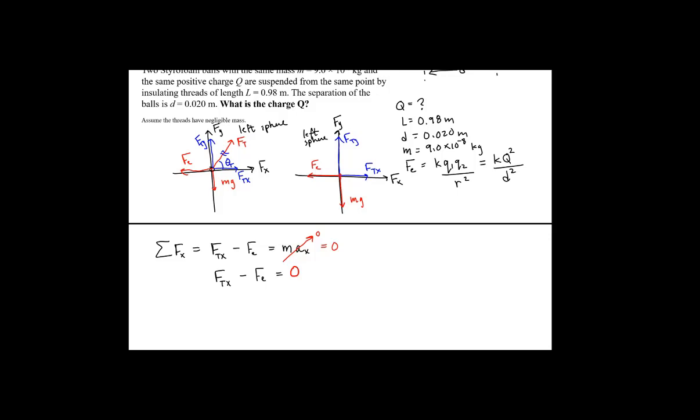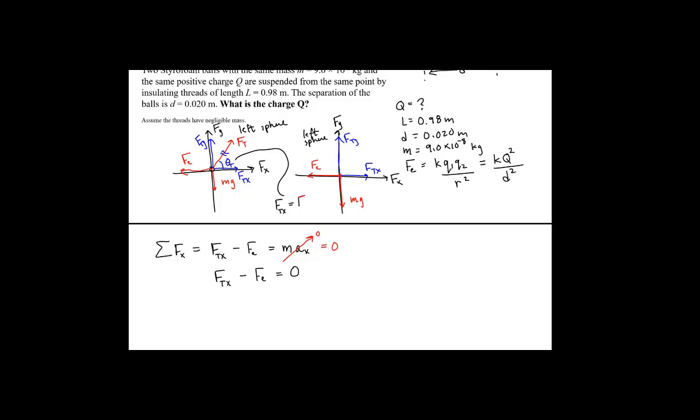Well, let's drill this down, because remember, the Coulomb force contains information about our charge. So let's go ahead and work with this a little bit more. If we go back to our free body diagram, we see that the force of tension in the x direction is equivalent to the adjacent side of a right triangle where the components of our tension correspond to the legs of the right triangle.